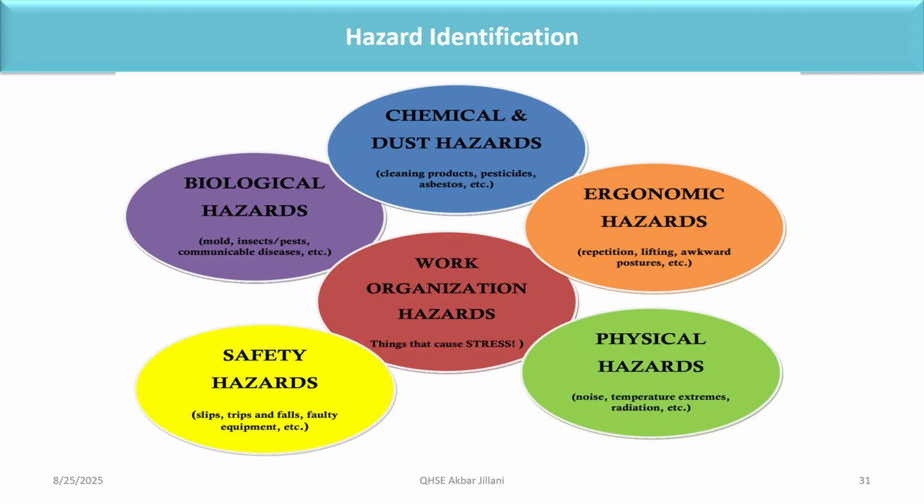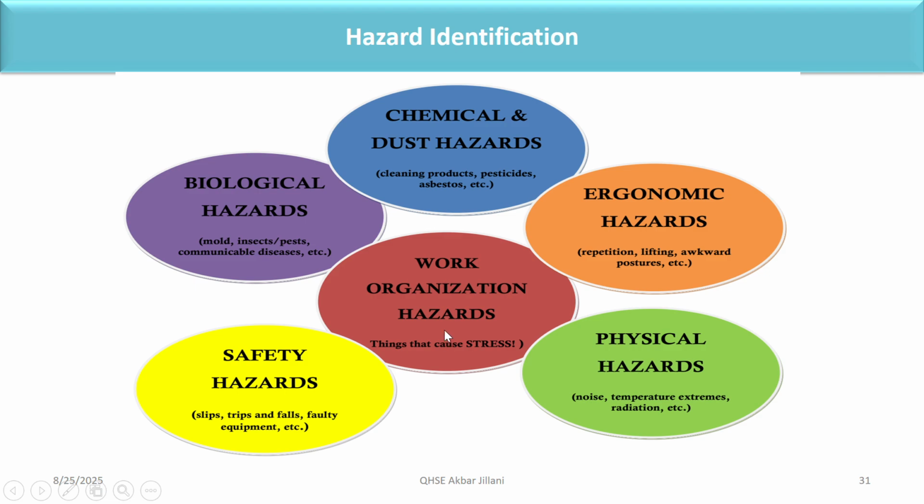Physical hazards: noise, temperature, extreme radiation, vibration, slip trip, these are the physical hazards. Safety hazards like slip trips and faulty equipment. Now biological hazards like molds, insects, fungi, bacteria, viruses, and in the center is the work organization hazard. This is the work organization hazard, things that cause stress.